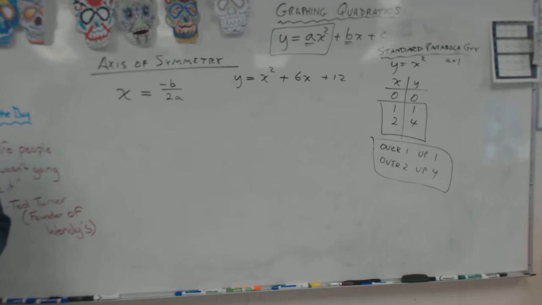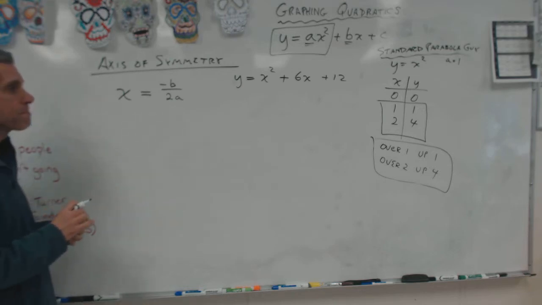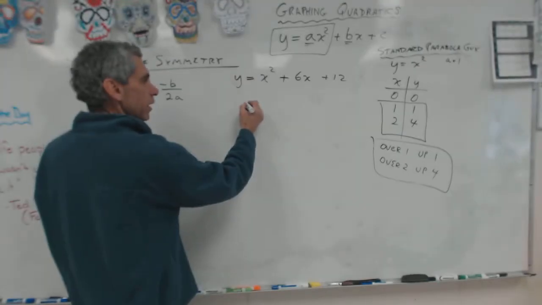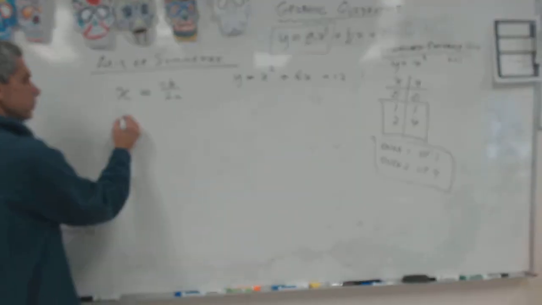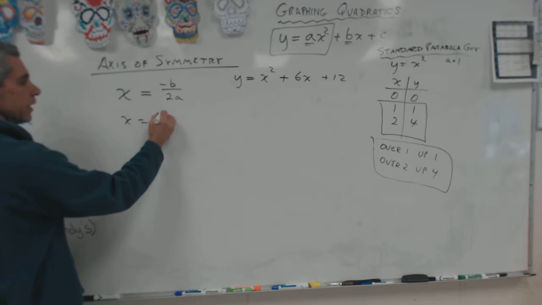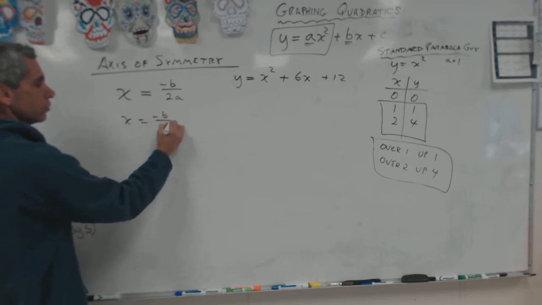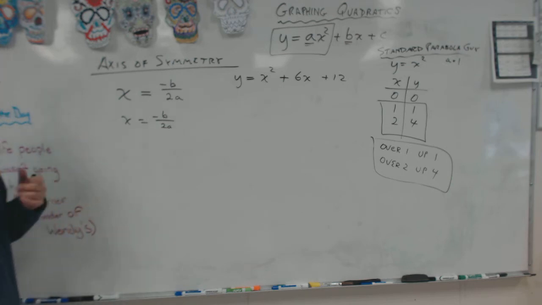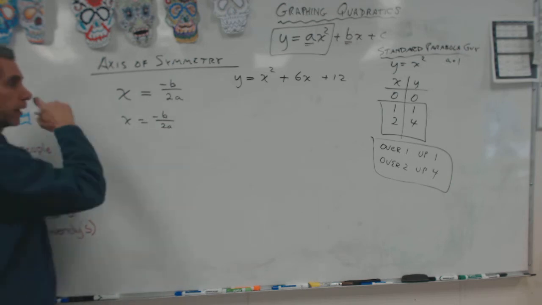Okay? So let's use our formula. x equals, and I recommend you write the actual formula each time. x is equal to negative b over 2a. I recommend that you write the formula each time because it drives it home into your brain.